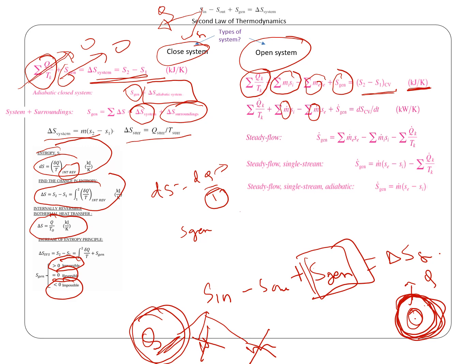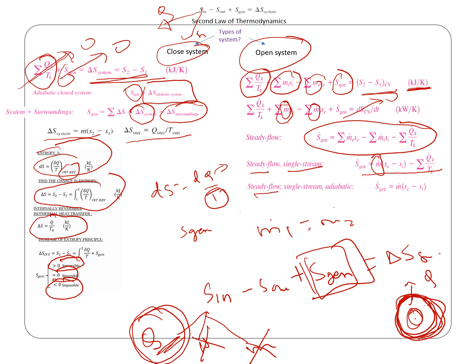And if the process is steady, then this part would go away, and this is what we are left with. And if you have steady and also single stream, then you just have a single mass flow rate. When it is steady, m1 dot would be equal to m2 dot, or the mass flow rate at the inlet equals the mass flow rate at the exit. So this is why you have a single mass flow rate, and this is the equation.